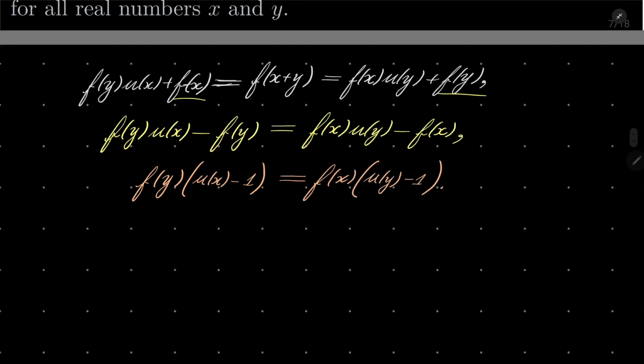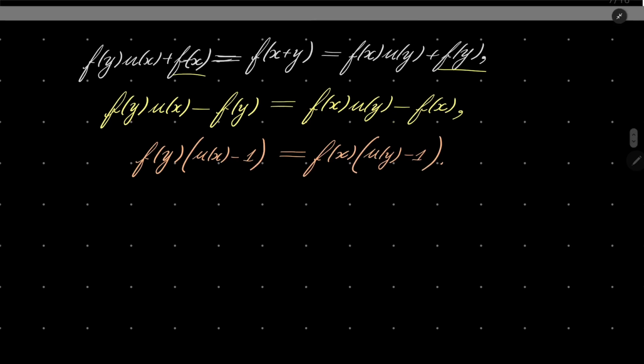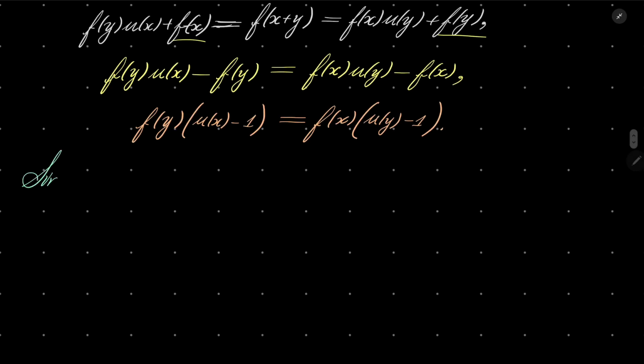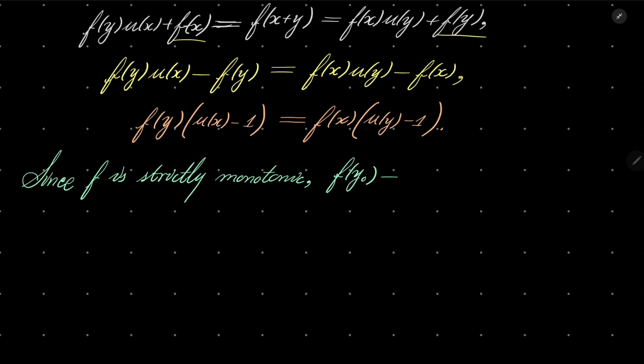Alright, now we can almost find u of x, but it needs division by f of y. But there is potentially a problem with division by 0. But notice that since f is strictly monotonic, f of y0 is for sure not 0 for some argument y0.